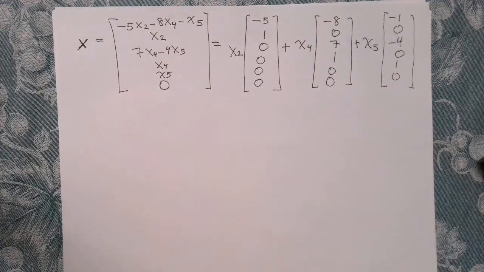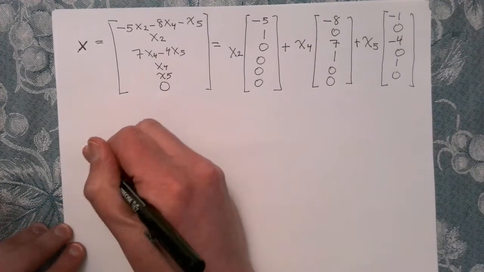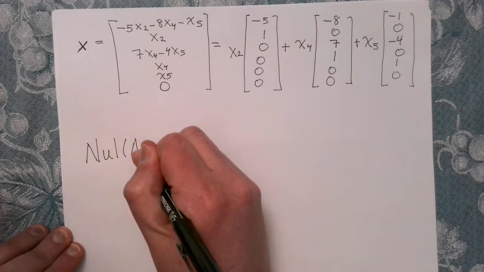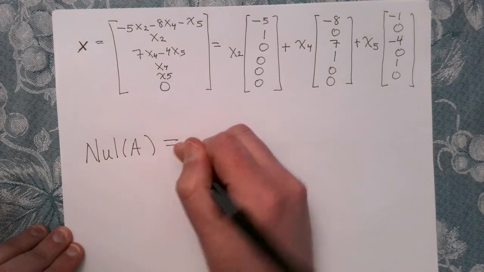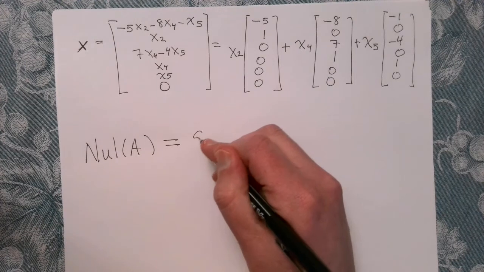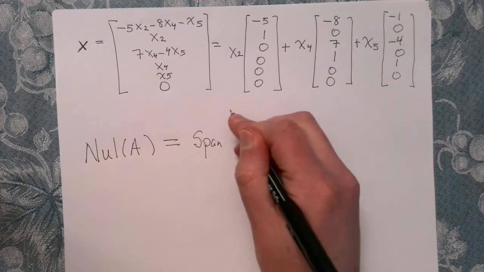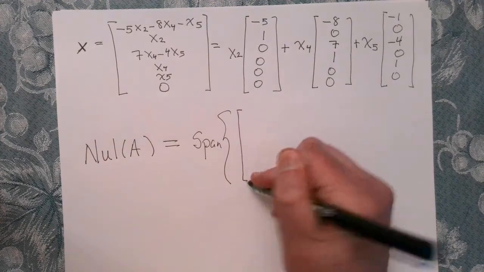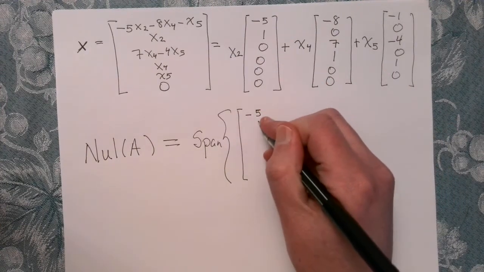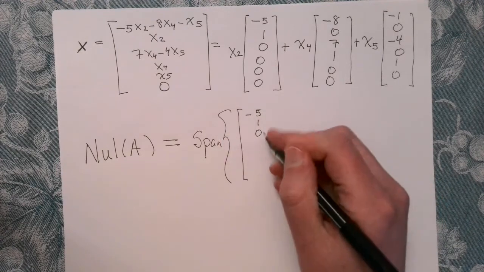Okay, so now let's give the null space. Remember, the null space is the collection of all vectors that get sent to 0 by the matrix. So the null space, I can think about this in a couple ways. I can think about it as the span of these individual column vectors. So without the parameters, right, because that's included in the span.